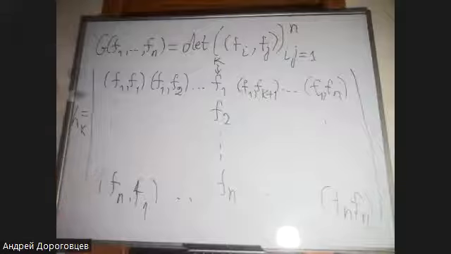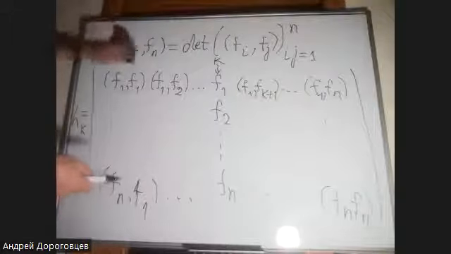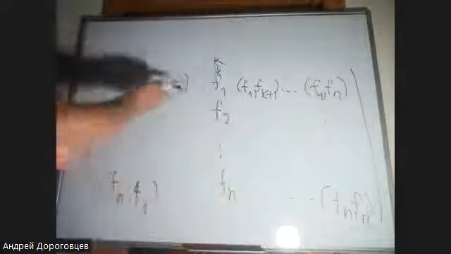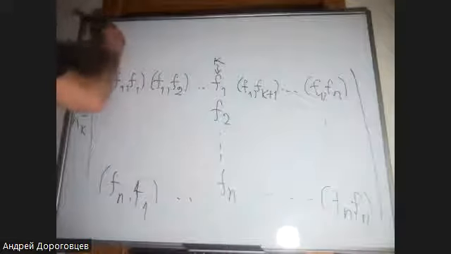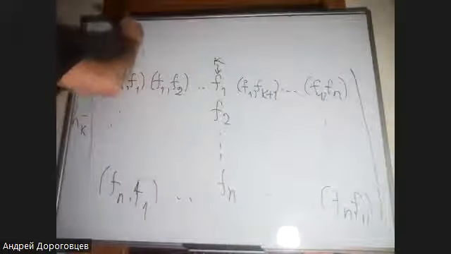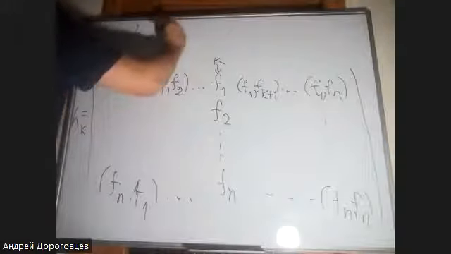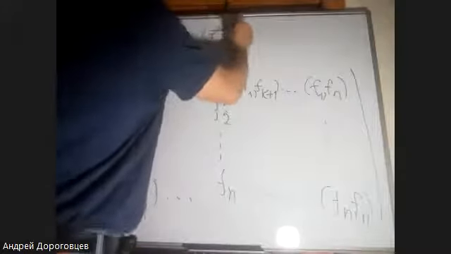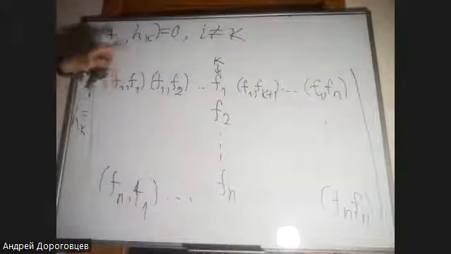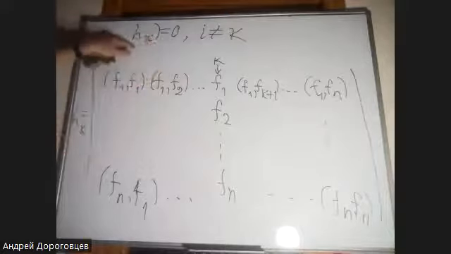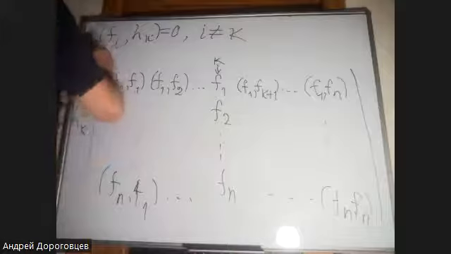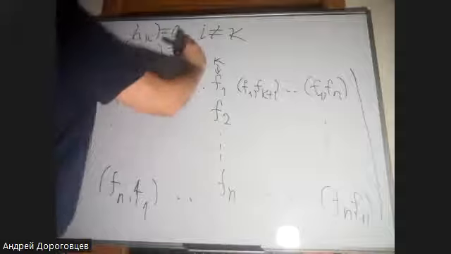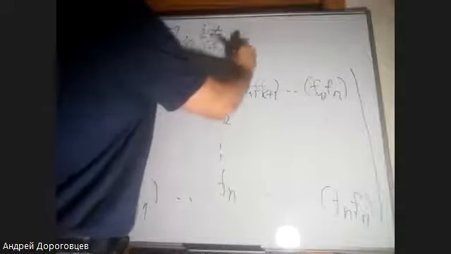Then it can be easily seen that this vector is orthogonal to any vector fi, (fi, hk) is equal to 0, except i is equal to k. So for all other vectors, this vector is orthogonal, and (fk, hk) is equal exactly to the Gram determinant G(f1,...,fn).